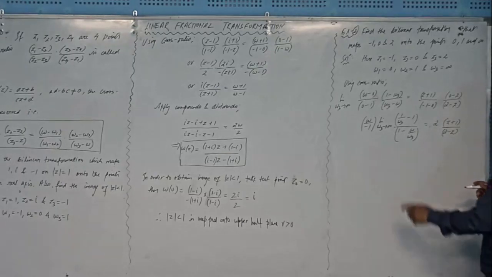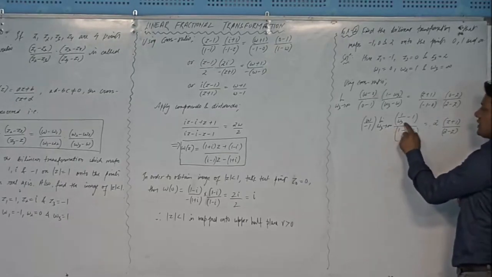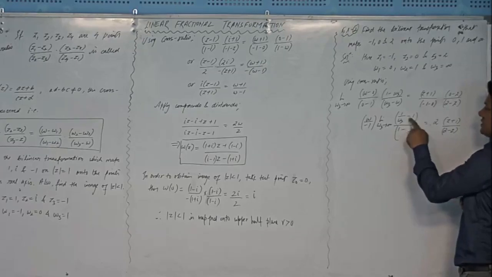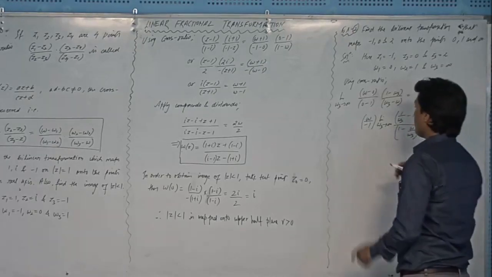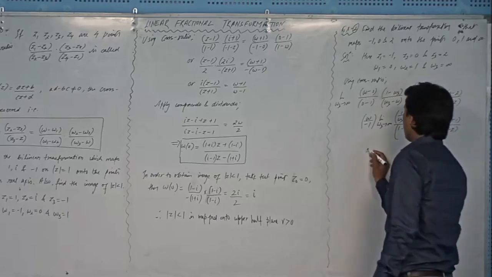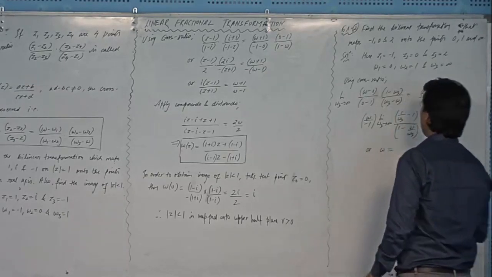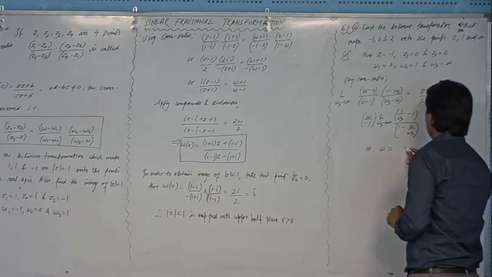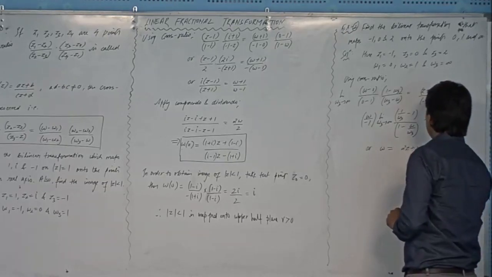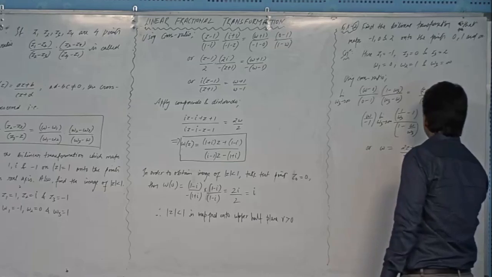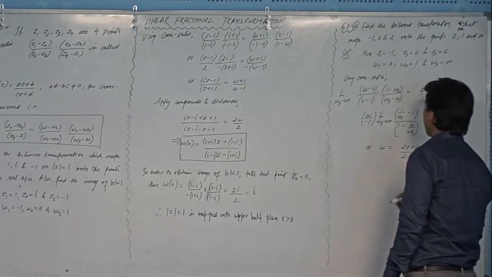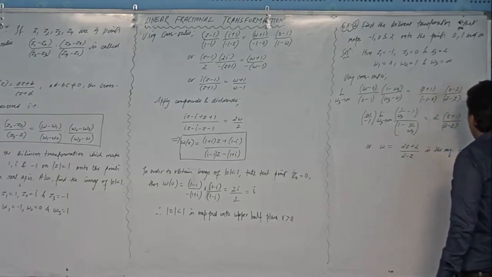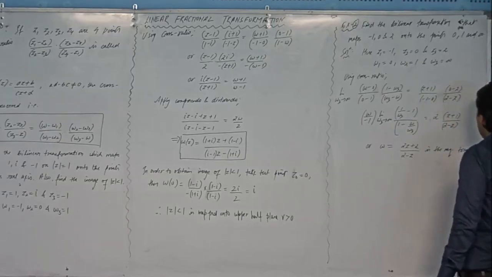And you can see that if w3 tends to infinity here, this will go to 0, this will also go to 0, and you will be left with minus 1, right? And this minus 1 will be cancelled out, so you will have w equal to ultimately 2z plus 2 over 2 minus z, right, is the required transformation.